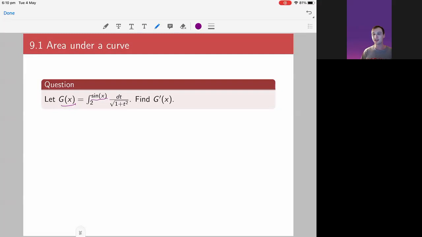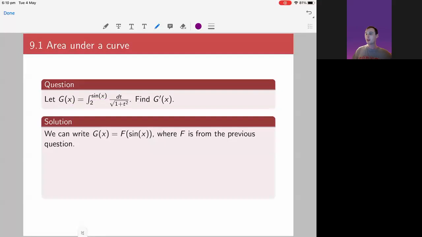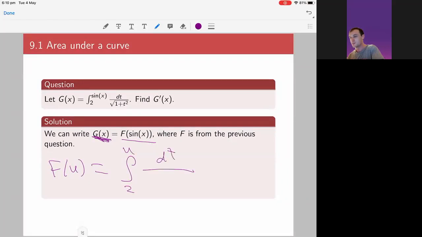And the reason for that is because we can express this as a chain function. We can write that capital G of x is the same as F of sine of x, where F is the function we had last time. So remember, we defined F of u to be equal to the integral from 2 up to u, dt on the square root of 1 plus t squared.